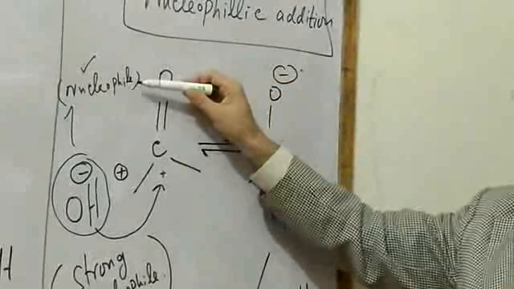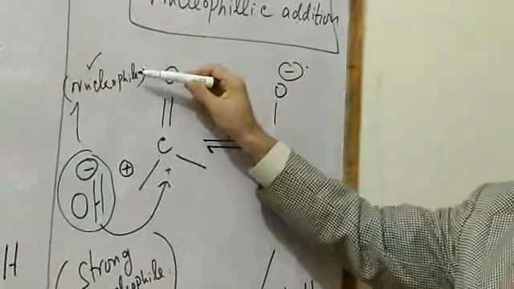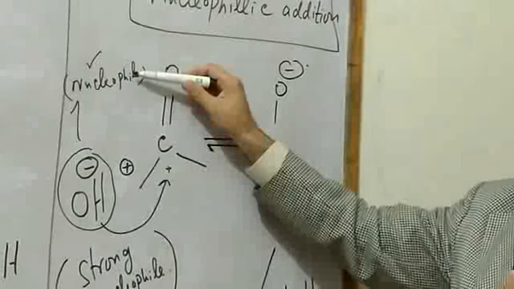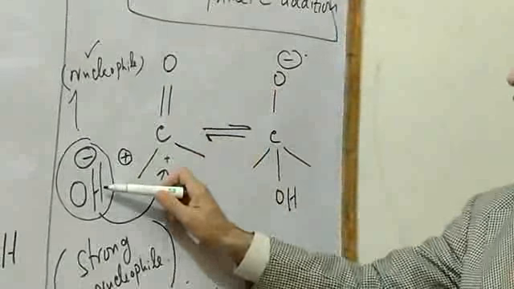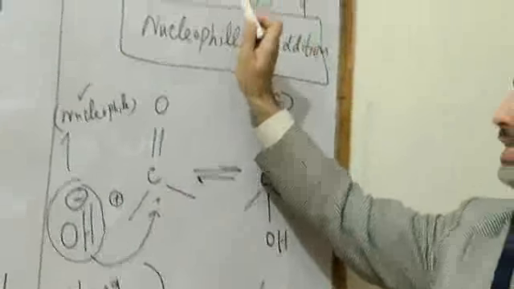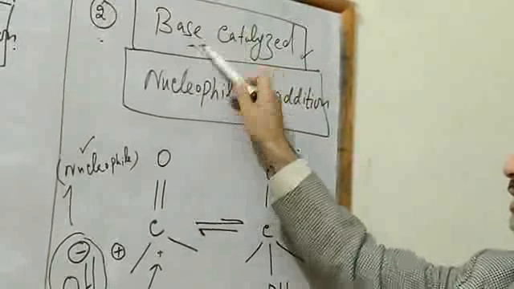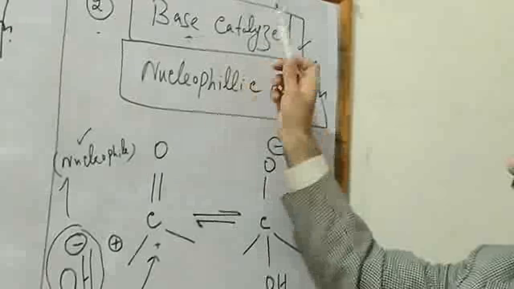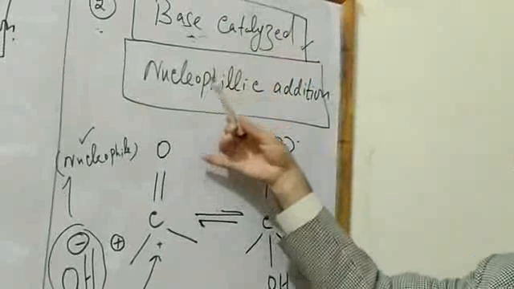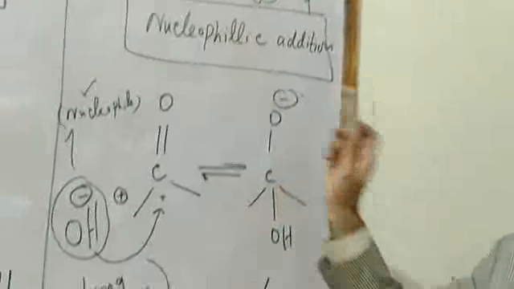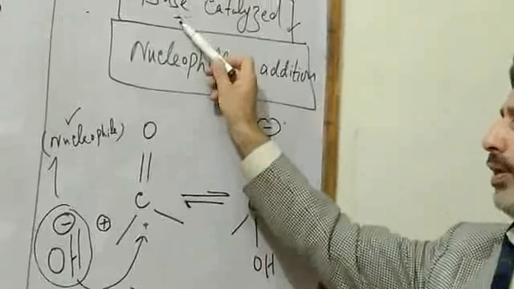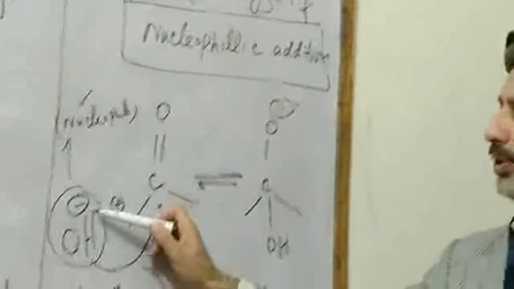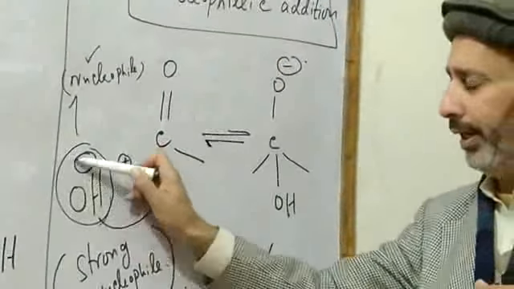Over here, it has been written that the base reacts with the reagent to generate the nucleophile. What is that base? The base catalyst. The base catalyst will react with a reagent. What is that reagent? The reagent which is used for this addition. The base will react with the reagent to generate this nucleophile.